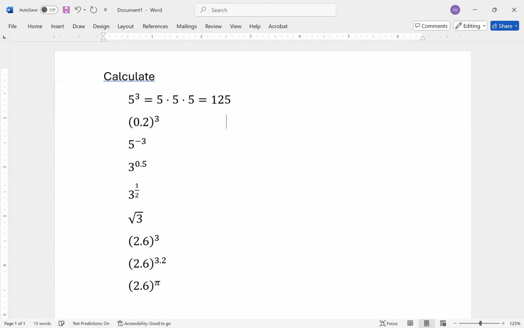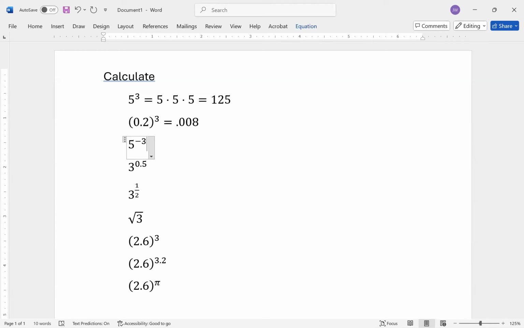We get 125. 0.2 raised to the third power is similar. I take 0.2 times itself 3 times, or in the calculator, I can just take 0.2 and then caret 3. So we can do that, and we get 0.008 when I do that.